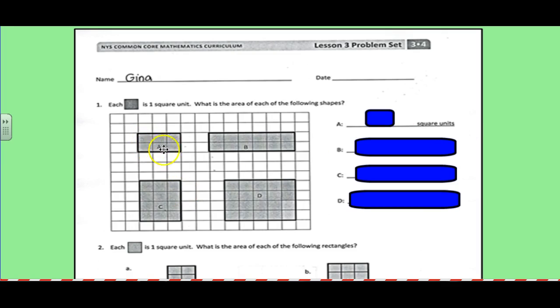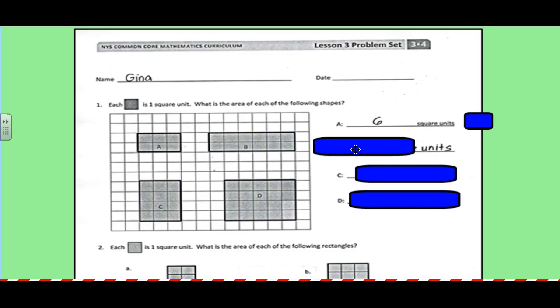So when we're looking at shape A, you need to be counting how many squares cover that rectangle, because that's going to tell you what the area of the rectangle is. So whenever I look here, I see 1, 2, 3, 4, 5, 6. So over here on your problem set, you need to be writing 6, because the area of rectangle A is 6 square units.